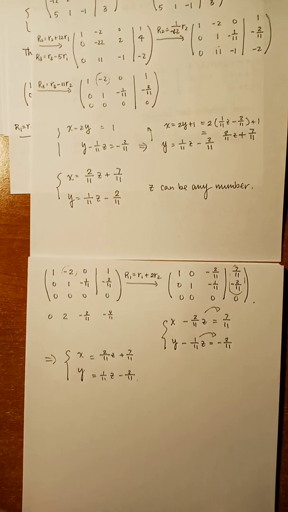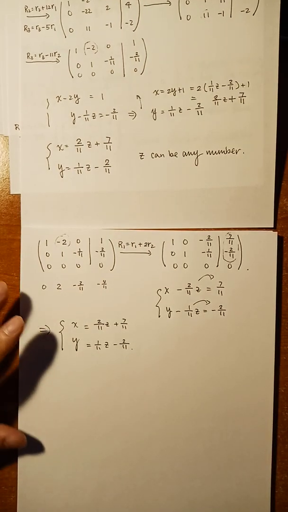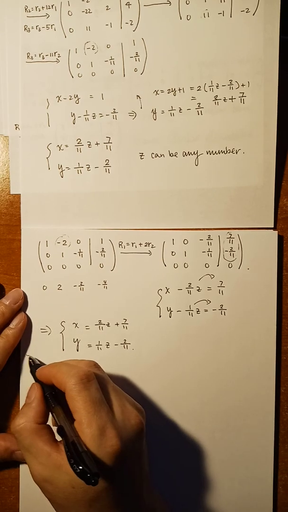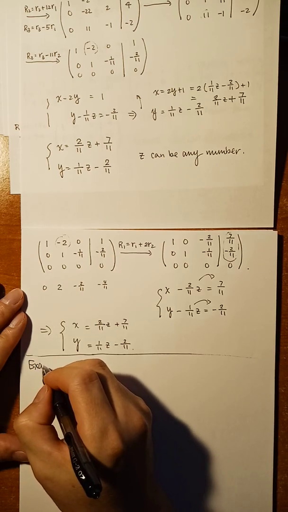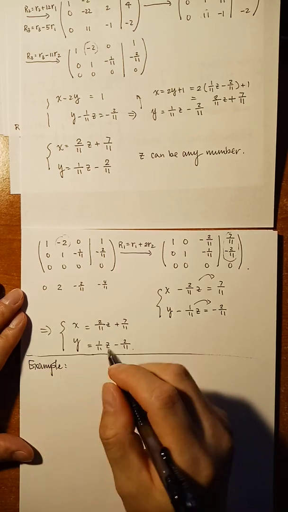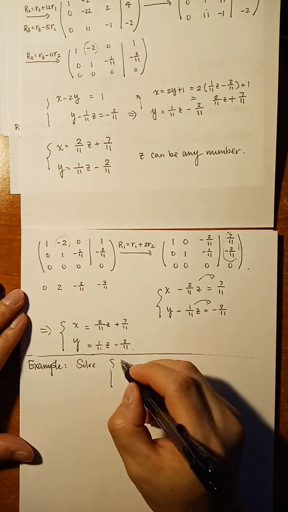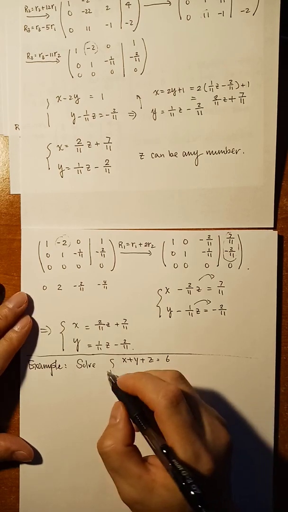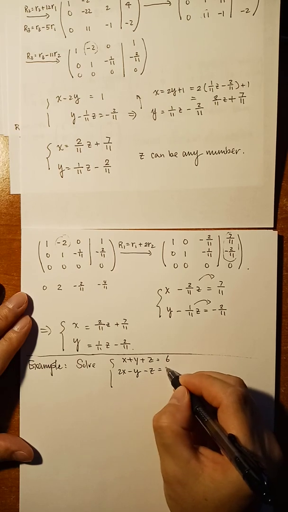All right. Next, let's try to use this Gauss-Jordan elimination to solve certain inconsistent systems of linear equations. So, example, we solve x plus y plus z is equal to 6. 2x minus y minus z is equal to 3.